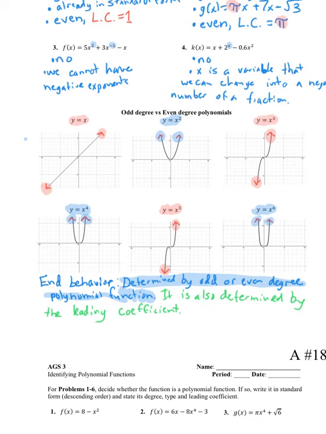Okay, so a quick note, we can say odd degree polynomials will always have end behavior that go in opposite directions.